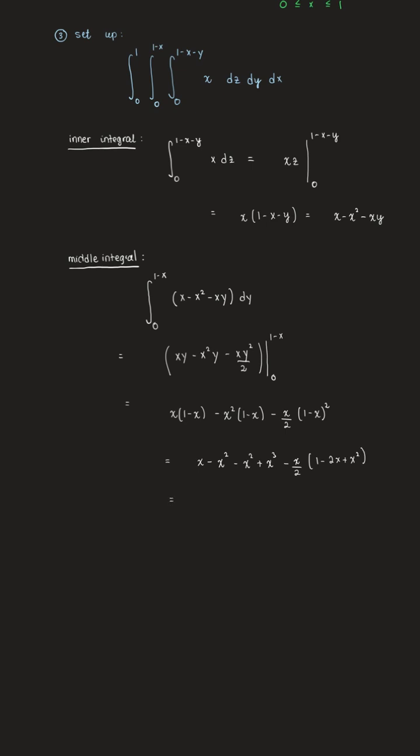And then this is x minus 2x squared plus x cubed, minus x over 2 plus, I'm distributing x over 2, so that's a plus x squared, and then minus x cubed over 2.